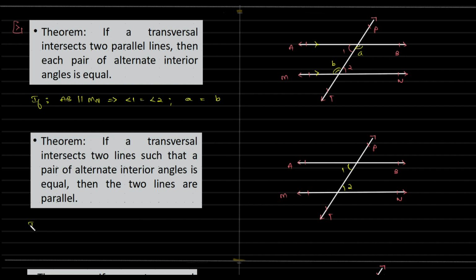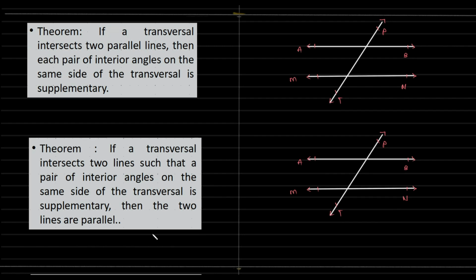So if angle 1 is equal to angle 2, then this implies that AB is parallel to MN. That's it. So this is the converse of this particular theorem. Converse is the opposite of it. Now you're going the opposite way, from here to there. That is your converse, as simple as that.